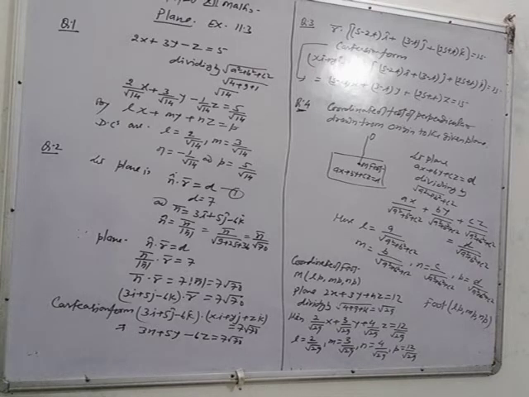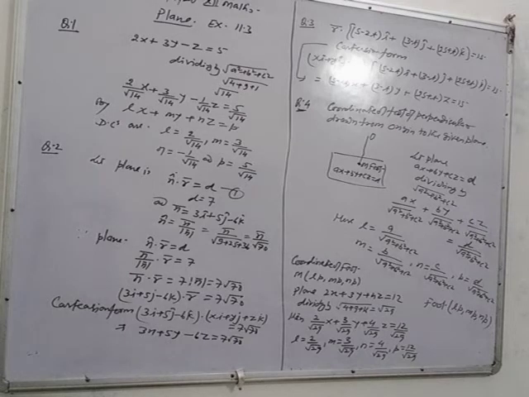Dividing by the root of a square plus b square plus c square, it becomes a upon root of a square plus b square plus c square into x, plus b upon the same root into y, plus c upon the same root into z, is equal to d upon the same root. After dividing, the coefficients of x, y, z become the DCs of the normal.